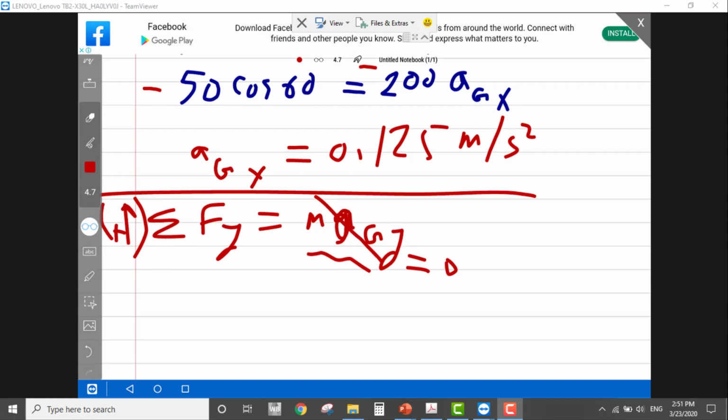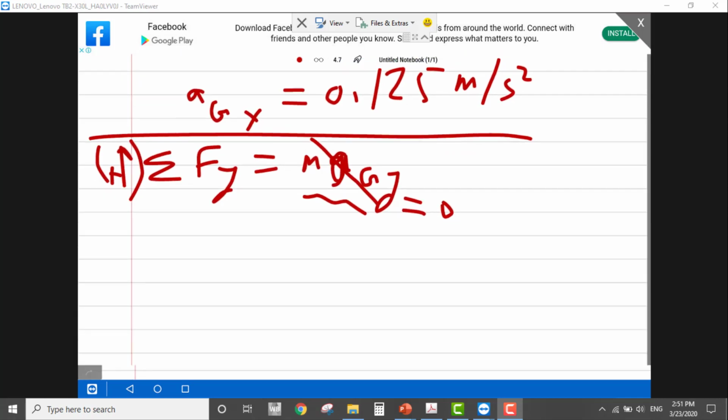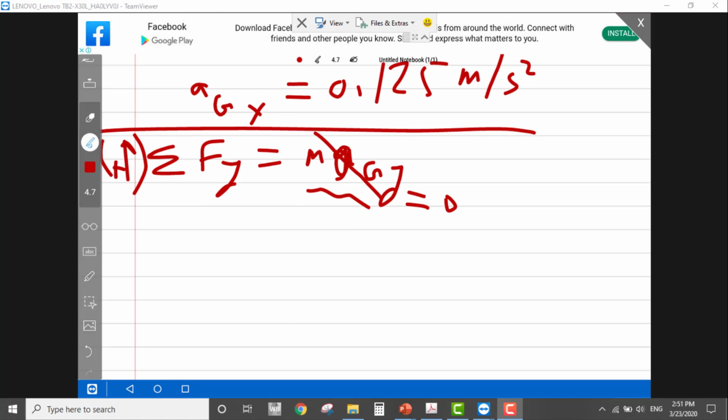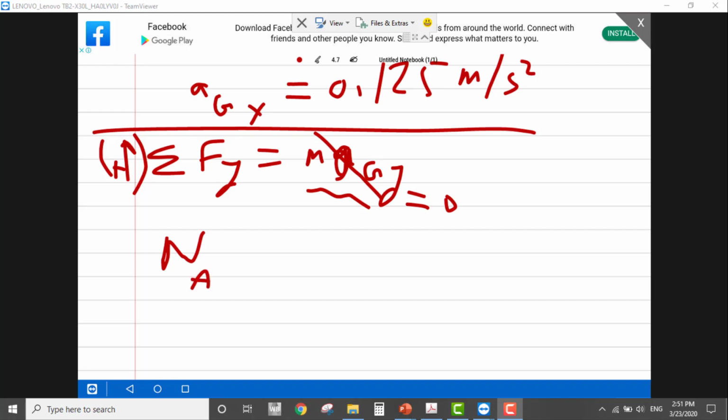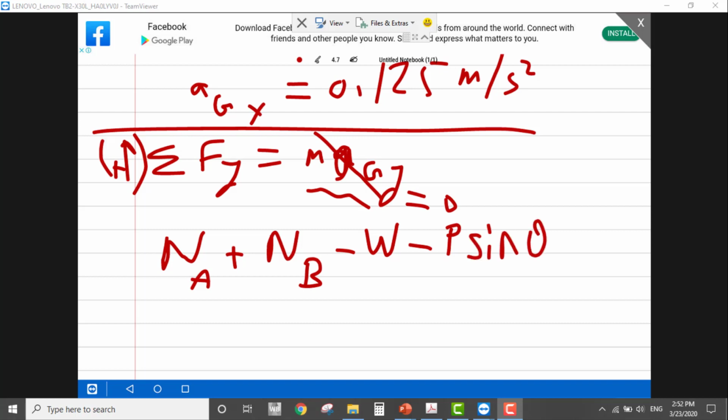So what do we have? If you refer to the free body diagram, you will find that we have N A, the normal reaction at A, in the positive direction, plus N B again in the positive direction, minus the weight of the cart, minus B in y direction, which is equal to B sine theta, and this is equal to 0.